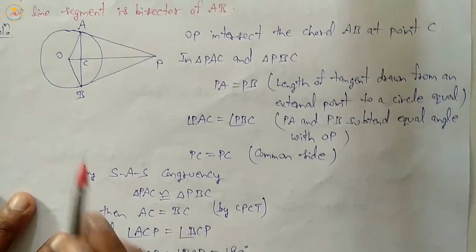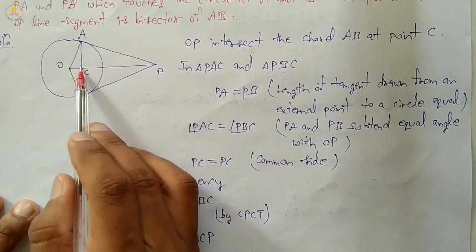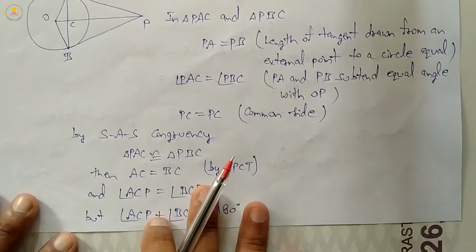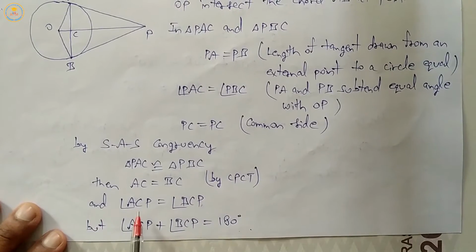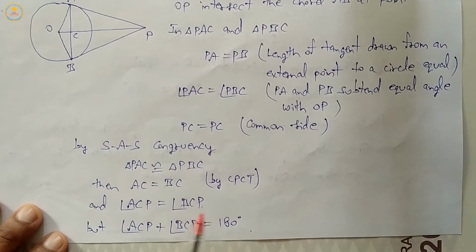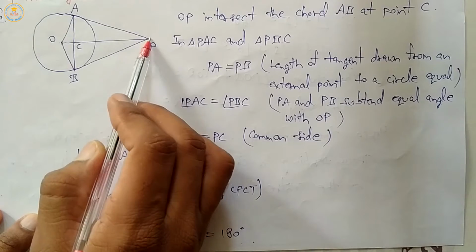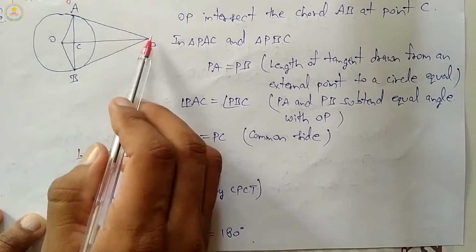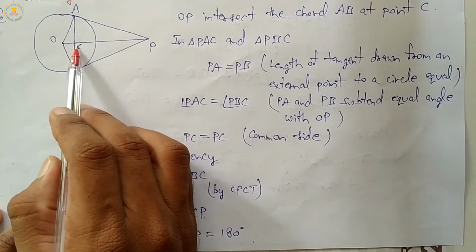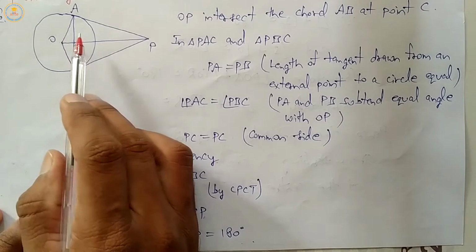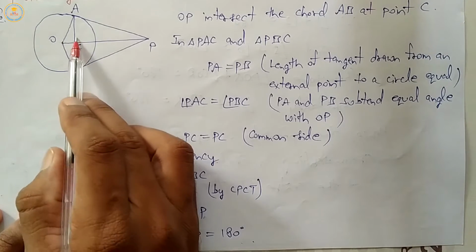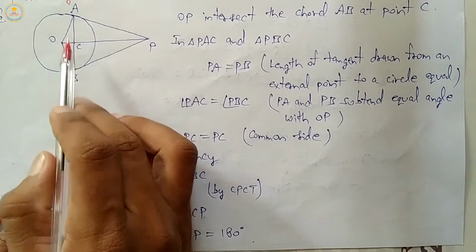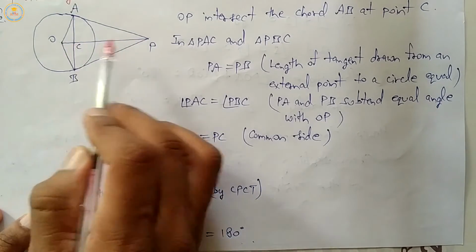So AC equals BC. Then we can say that angle ACP equals angle BCP, since corresponding angles are also equal.